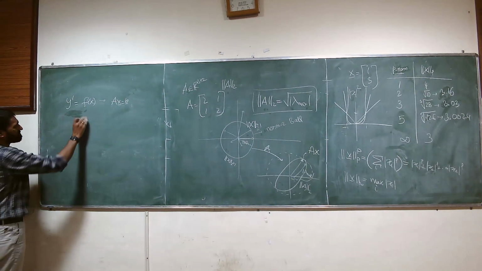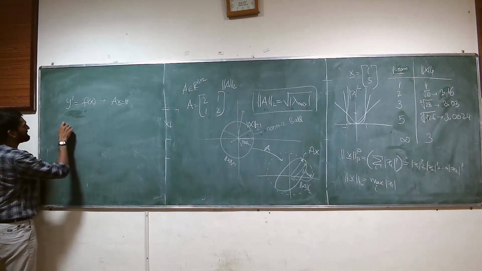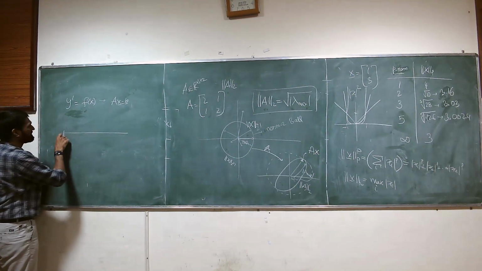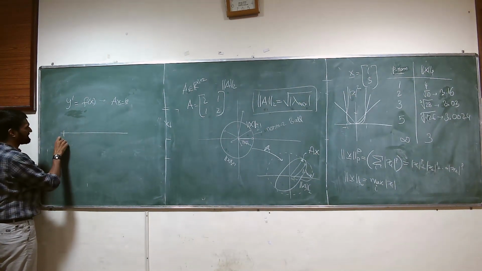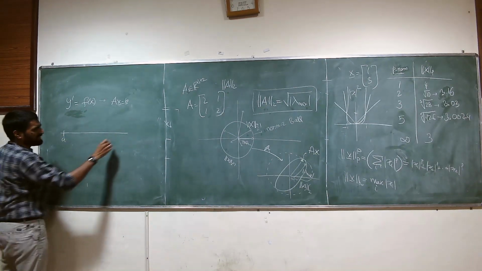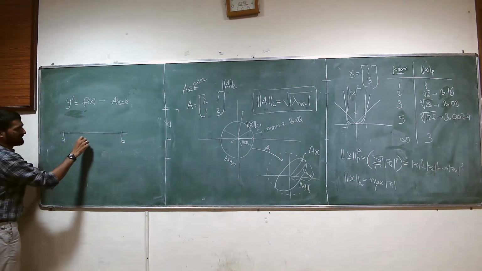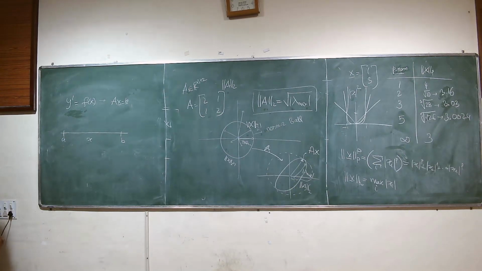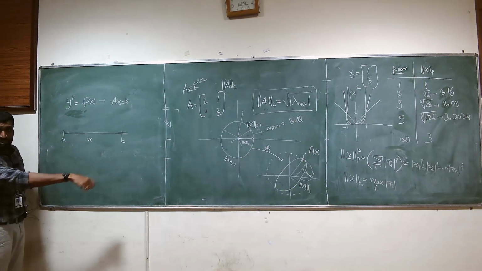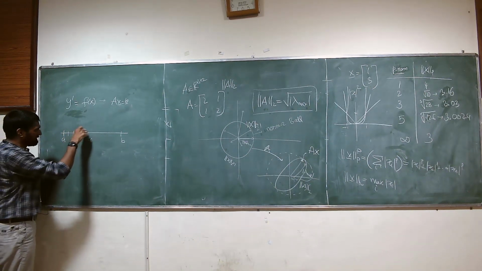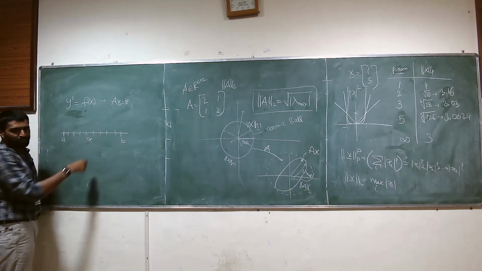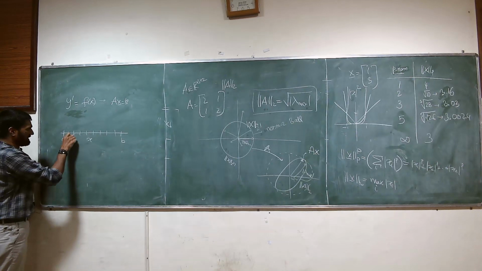The way you do this, for example, let's say you want to compute this for values of x starting from some value a to b. These are the possible values of x. The way you solve this numerically is you divide your range into uniform intervals of size delta x.